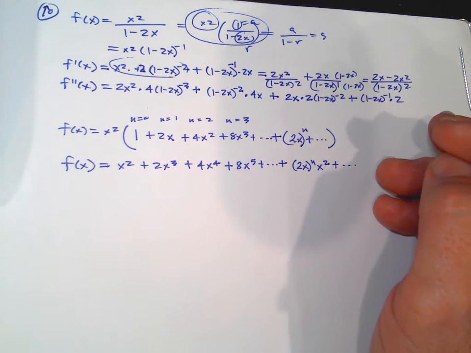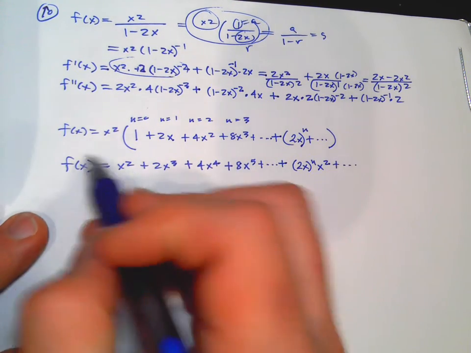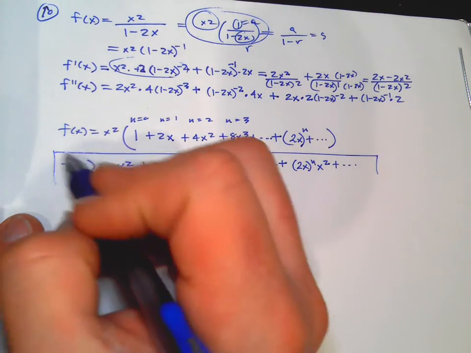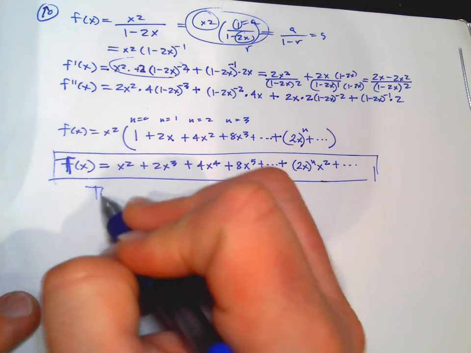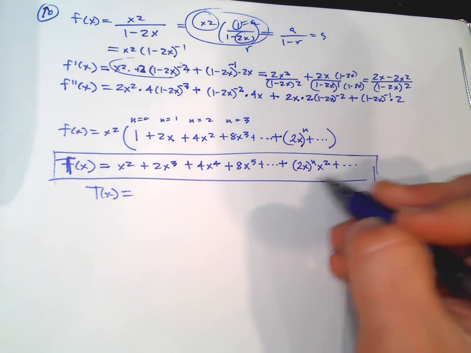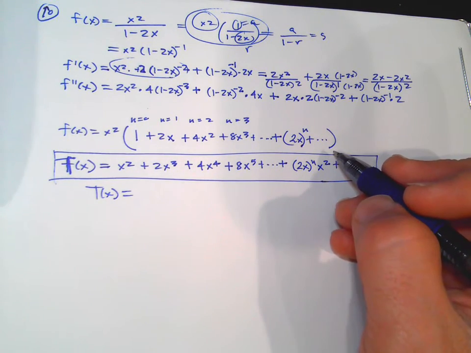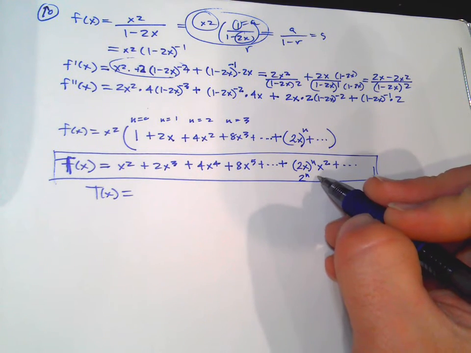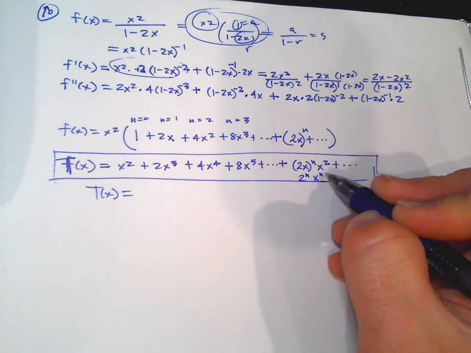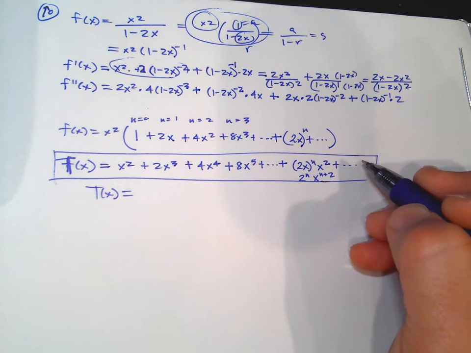The closed form, probably want to clean this up: 2 to the n, x to the n plus 2. I don't know if we can do that.